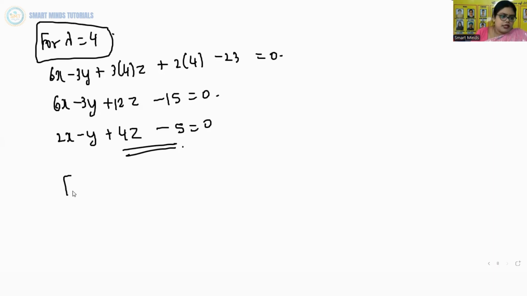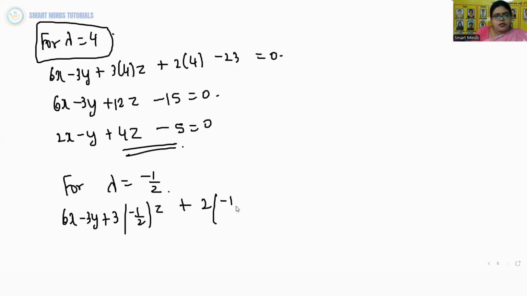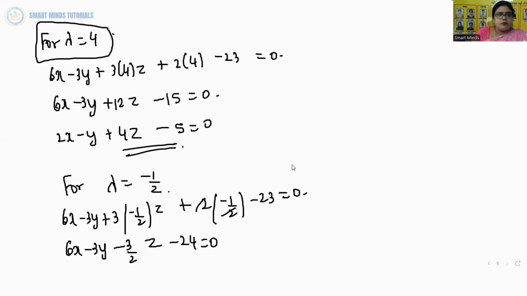Okay, now let us see when lambda is equal to minus 1 by 2, how we get the final equation. So 6x minus 3y plus 3 into minus 1 by 2 into z plus 2 into minus 1 by 2 minus 23 is equal to 0. So you get 6x minus 3y minus 3 by 2 z, here the 2s get cancelled, minus 24 is 0.